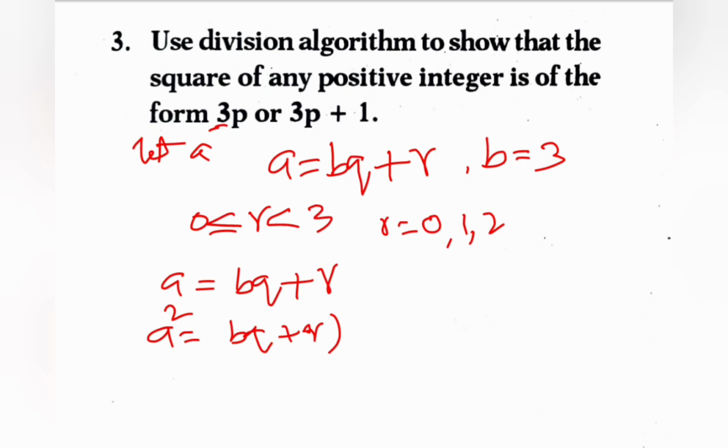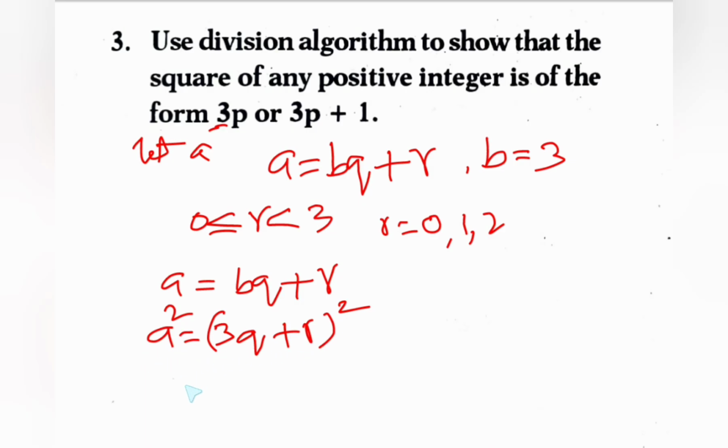We know that b value is 3, so 3q plus r whole square. This is the positive integer. The square of positive integer, a square, is equal to 3q plus r whole square.